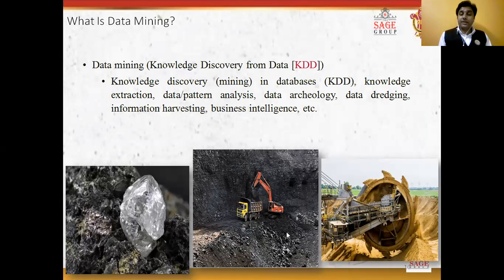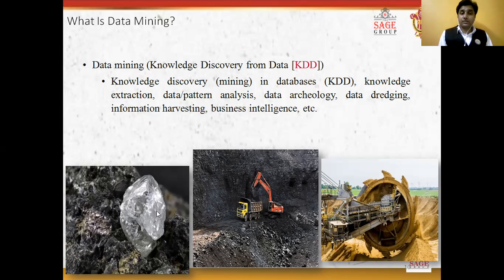Mining is a process where we will have to perform a number of tasks to extract something special. Like if we perform mining on rock, we are trying to find out the gold from rock.